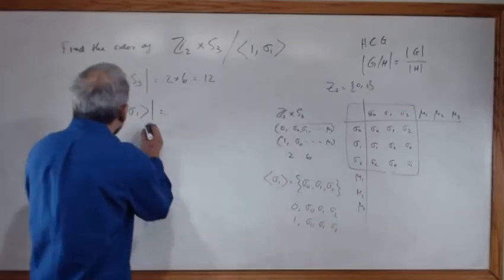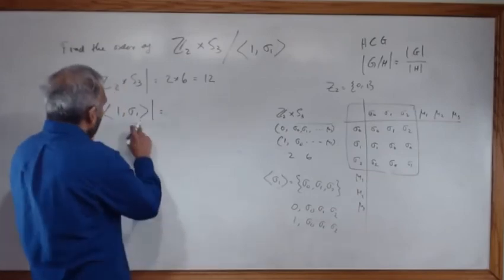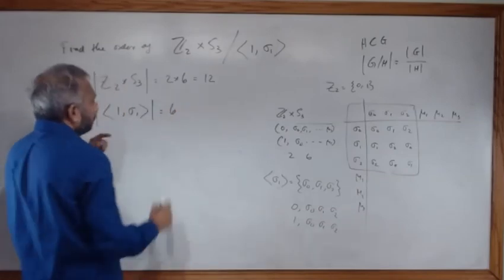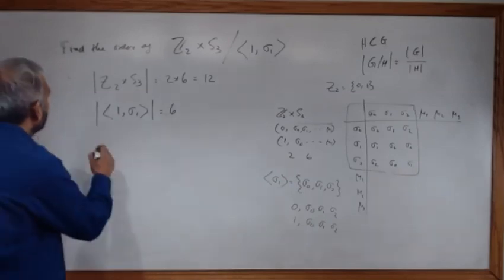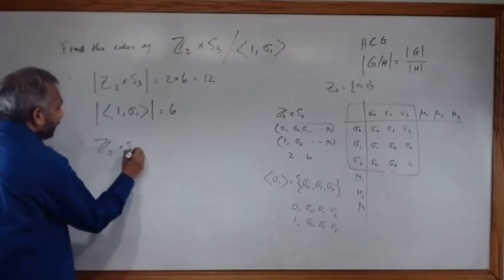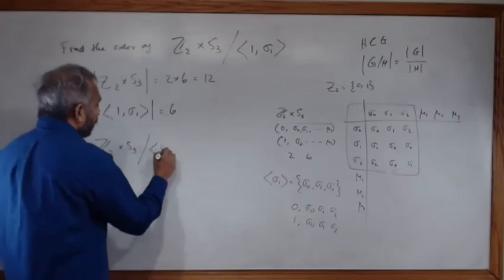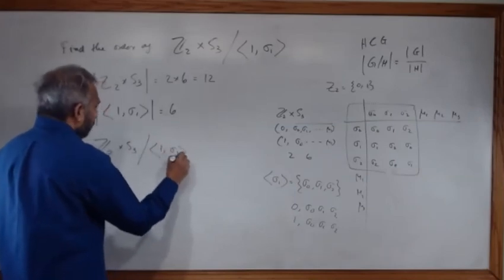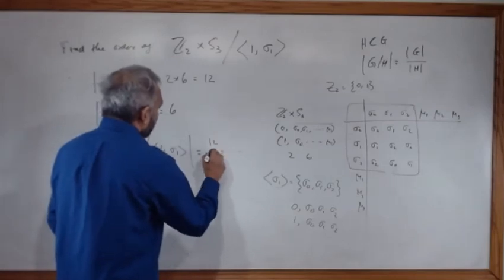So this is going to be 6. Okay, so Z2 cross S3 over the subgroup generated by (1, sigma 1), the order of this is going to be 12 by 6, and that is equal to 2.